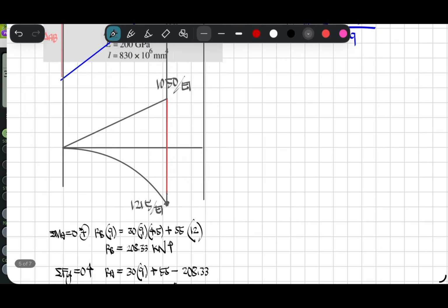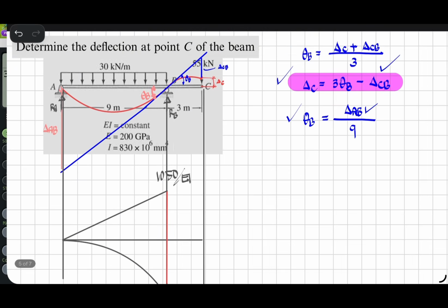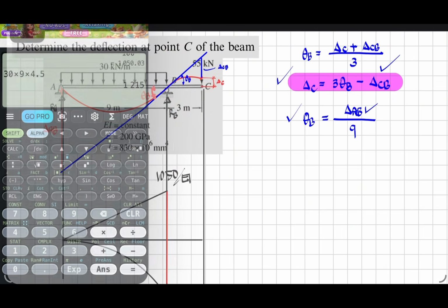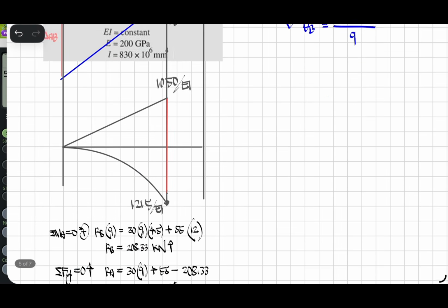Then the last load is the 55. For the 55, we get the moment about point B. Force times distance, 55 times 3, 165.